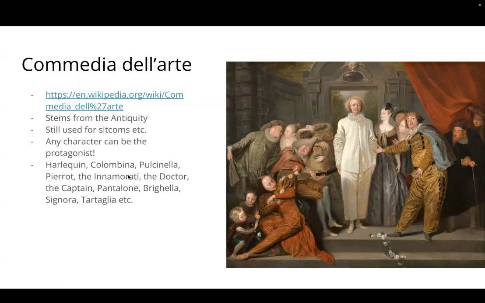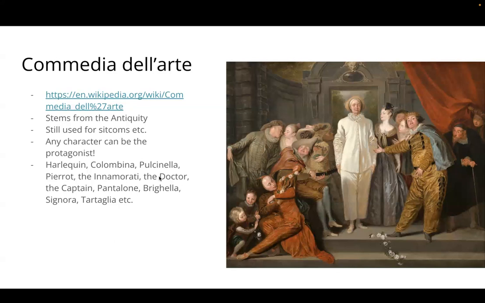The innamorati are the star-crossed lovers who will get each other at the end of the play usually, and they can be the daughter and son of one of the older characters. So typically in a Commedia dell'arte play, there are characters of different ages. There are the middle-aged characters, the young characters, and then there are the really old characters.